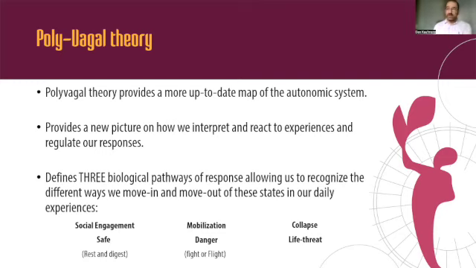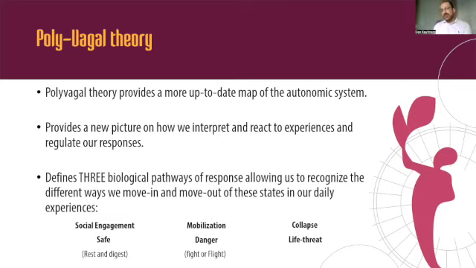When danger starts coming into play, we get to the state of being mobilized. And that's what we used to call fight or flight. In that form, the sympathetic system becomes active. And when that happens, we have the ability to either flee or fight and deal with whatever is at hand.